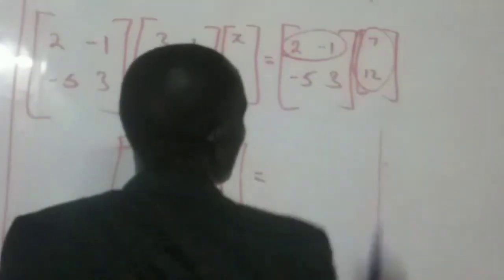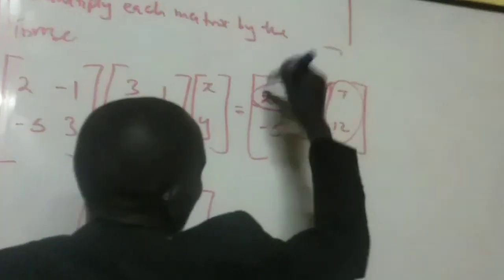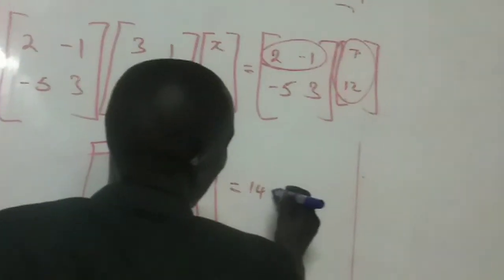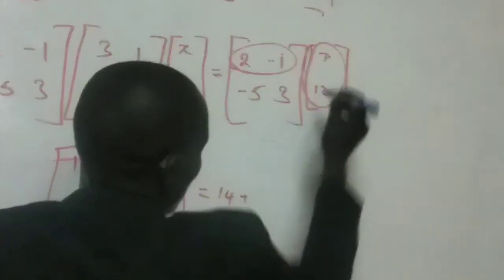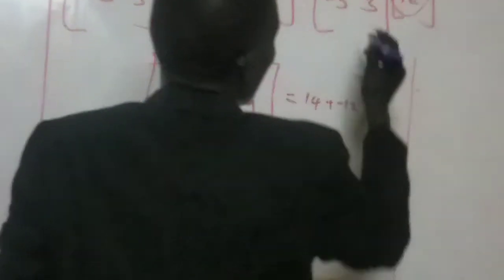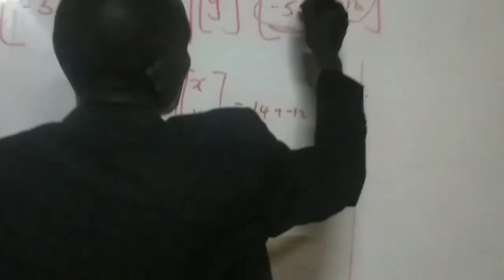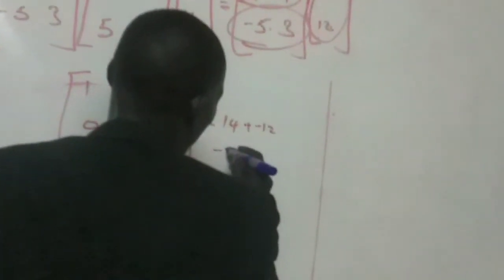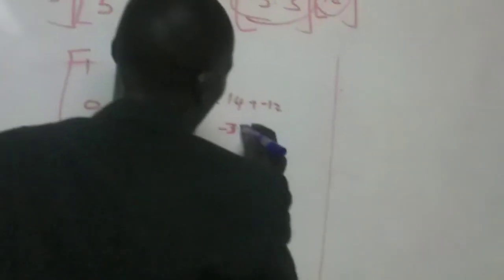So the only work that we are left with now is to multiply these matrices so that we have row, column, that is 2 times 7, which is 14, plus negative 1 times 12, which is negative 12, and then we multiply negative 5 by 7, which is negative 35, plus 3 times 12, which is 36.